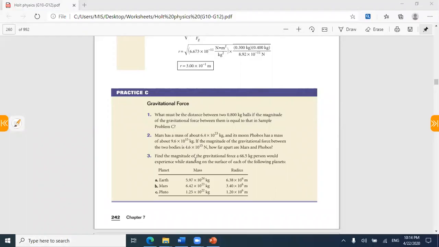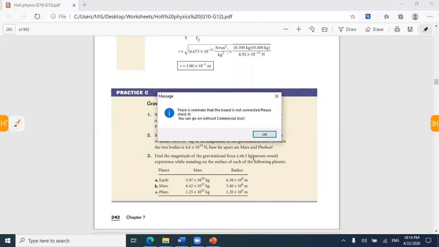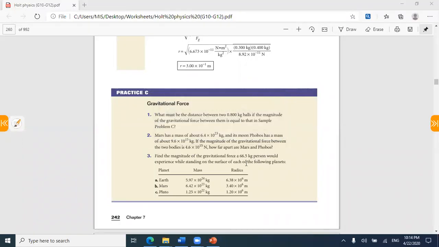Let's come to question 3. Find the magnitude of the gravitational force on a 66.5 kilogram person while standing on the surface of each of the following planets. We have Earth, Mars, Pluto, and in each case we are going to have the mass and the radius of each planet. What I am going to do, simply we can do F_g equals G m1, which is 66.5, times m2, that of the planet, over the radius of the planet squared.